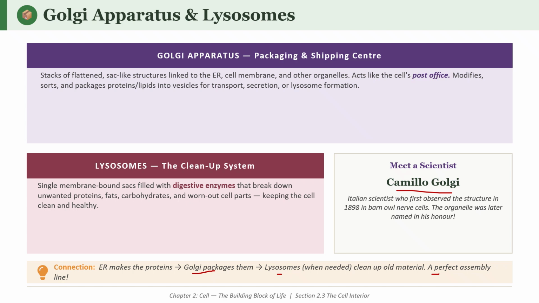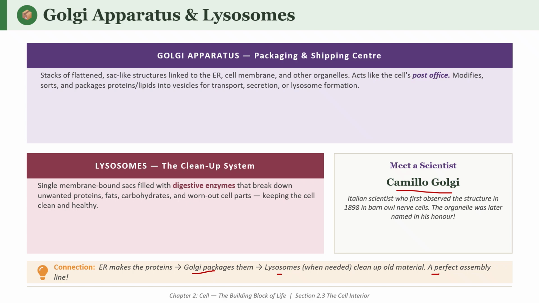Lysosomes are sacs filled with digestive enzymes. What are they? They are sacs filled with digestive enzymes. They digest worn out organelles, destroy harmful substances and remove cellular waste. They help keep the cell clean and healthy.